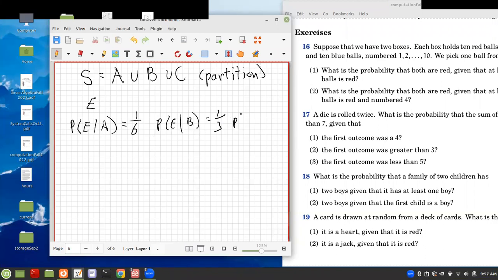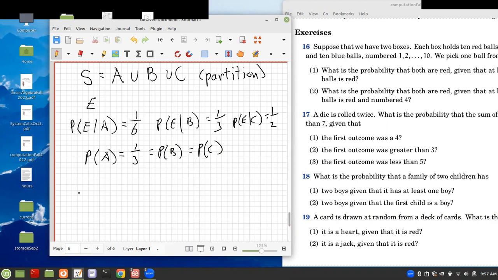And the probability of E given C equals 1/2. And the probability of A equals 1/3, equals the probability of B equals the probability of C. Okay, so now tell me, what is the probability of E?